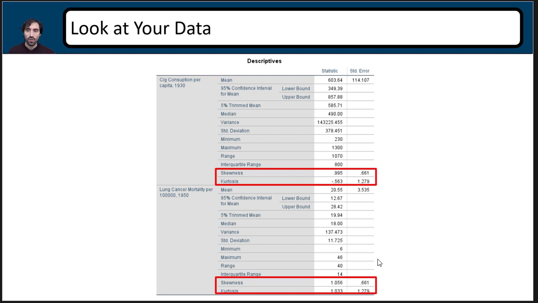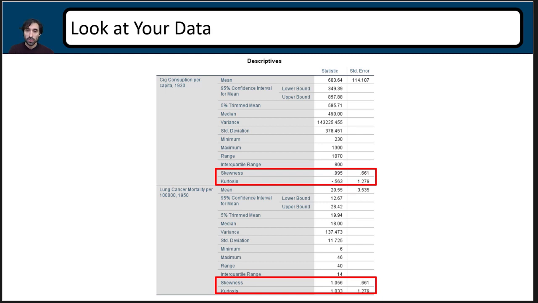All right, so when you're looking at skewness and kurtosis, they should be as close to 0 as possible. I've mentioned that previously. So the further away this skewness number is from 0, as well as kurtosis, then the more skewness that you have within it.